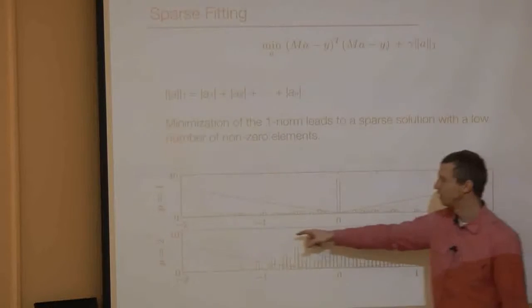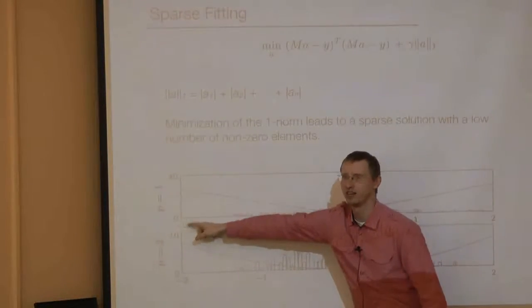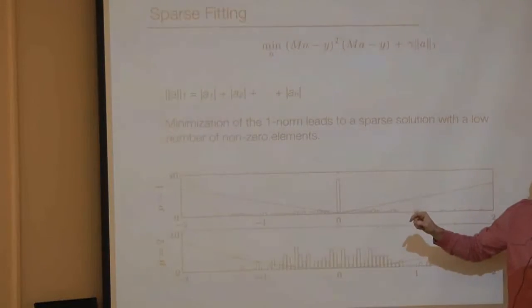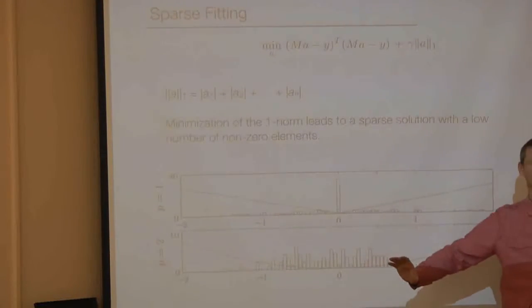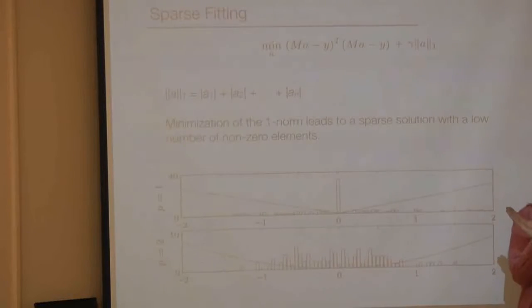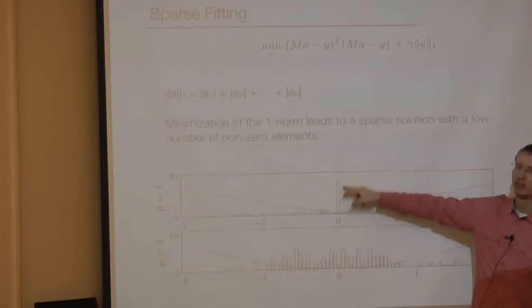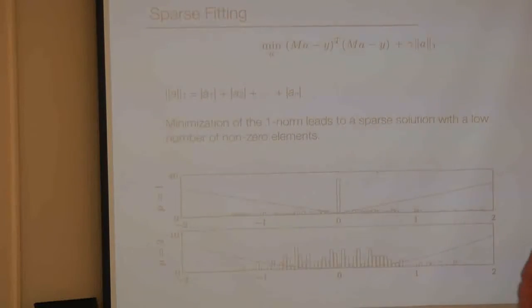And moreover, notice that the axis here is 10 and here is 40. So with the 2 norm, the histogram is much more spread around 0. With the 1 norm, it's much more concentrated at 0. And the point here is that minimizing the 1 norm is an easy problem. Minimizing the number of non-zero elements would be a difficult problem.